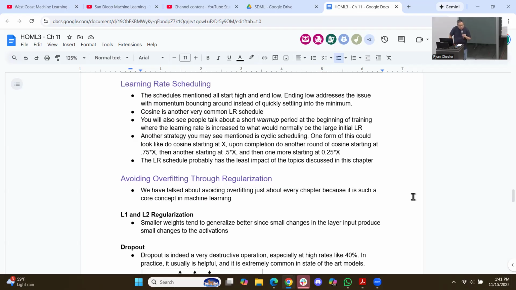Sorry, what was the question? So the momentum is not something that you set. The question was about the relationship between momentum and learning rate. If you use the physics analogy, momentum is just continuing at the same velocity that you had earlier in time, and that's what momentum is here.